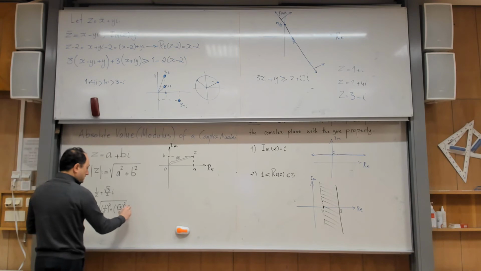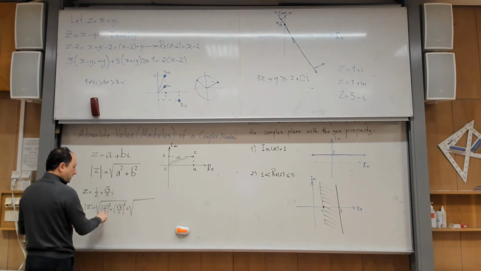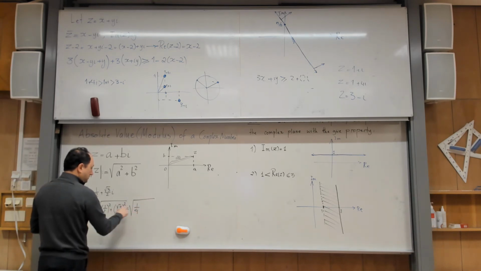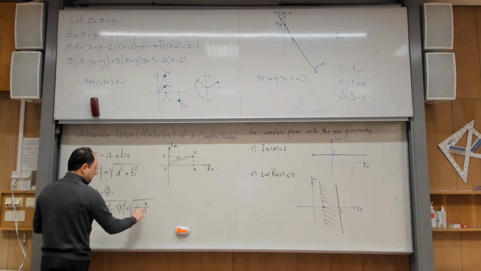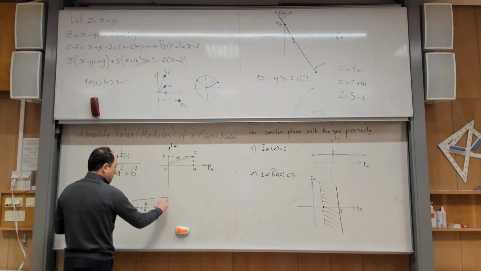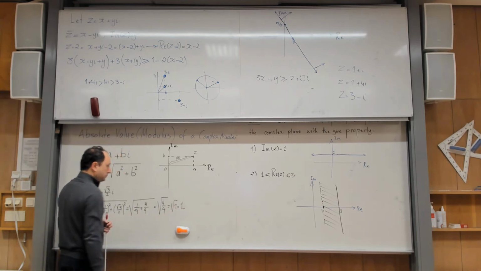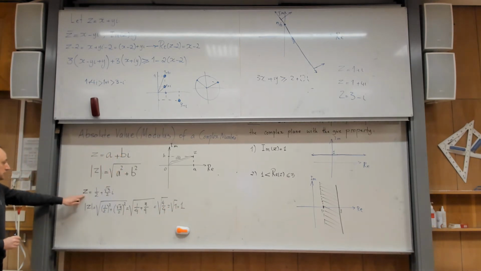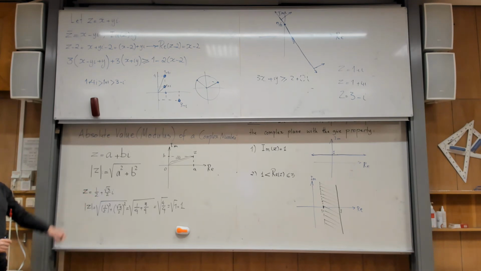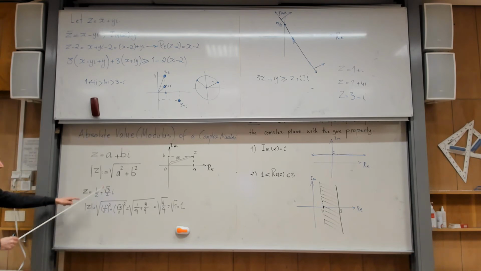This becomes the square root of 1/4 plus 3/4, which is the square root of 4 over 4, the square root of 1, which is 1. What does it mean? If you go and find this point on the complex plane and measure the distance from this point to the origin, it is 1 length unit.